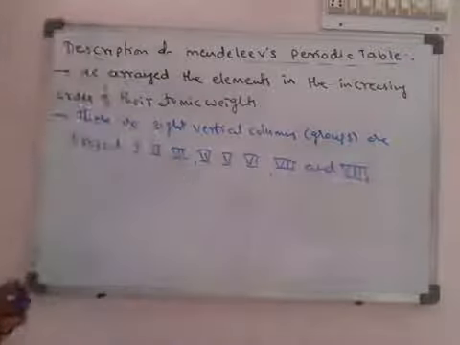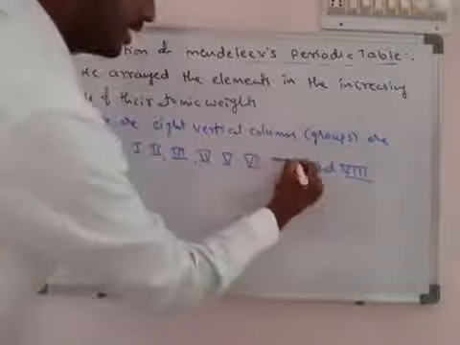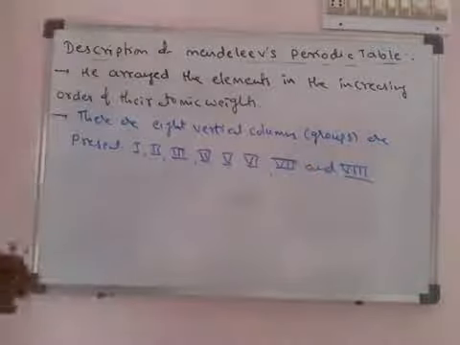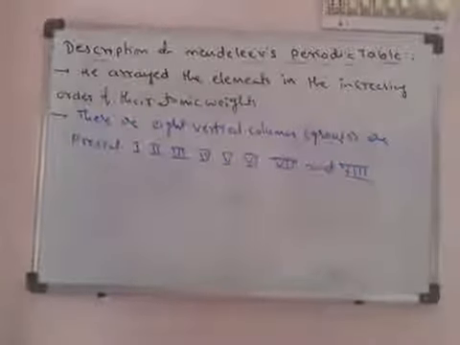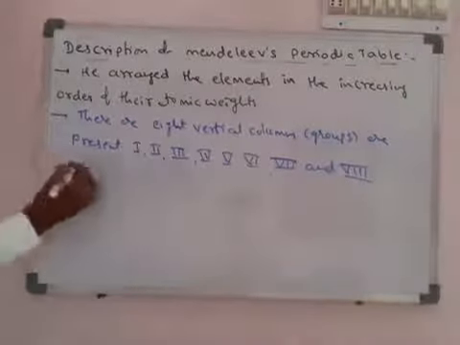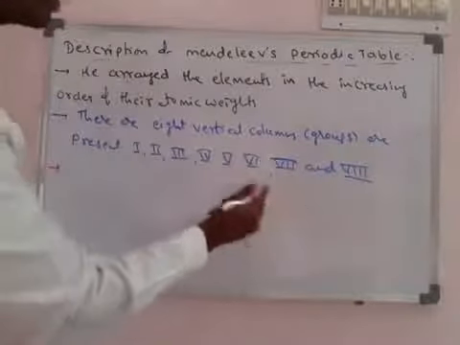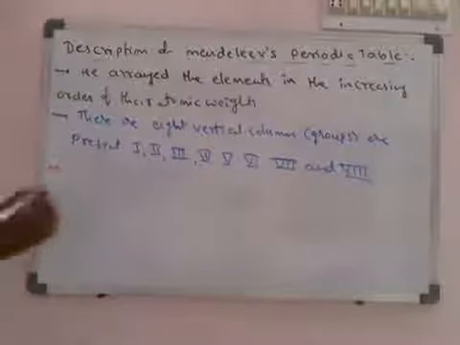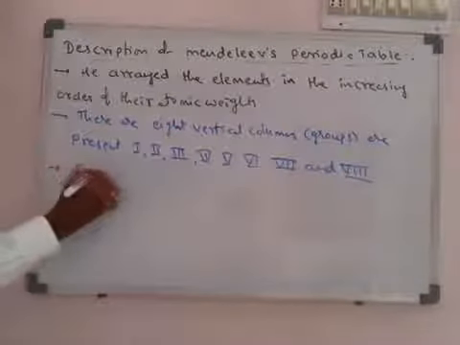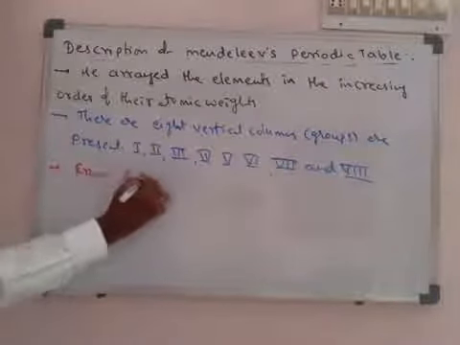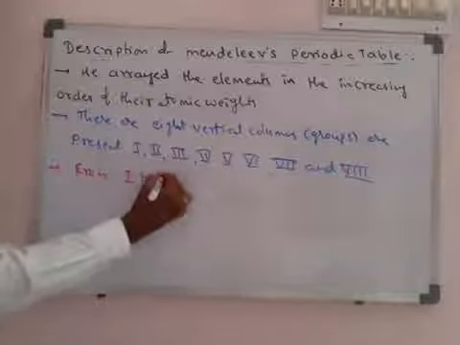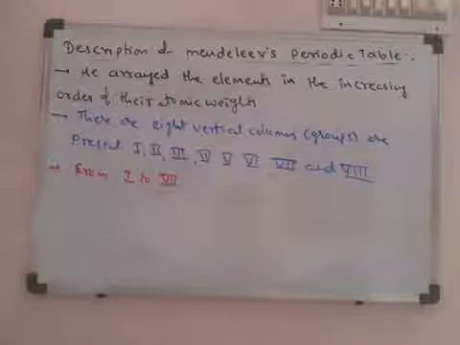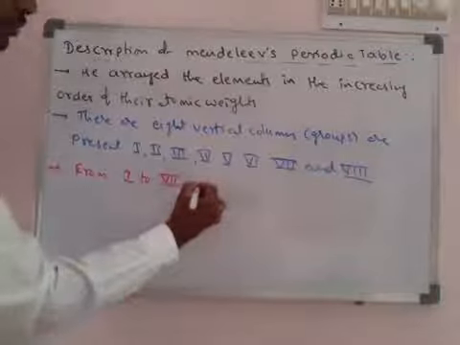And already we said that in all these vertical columns, groups 1 to 7 are divided into 2 subgroups.